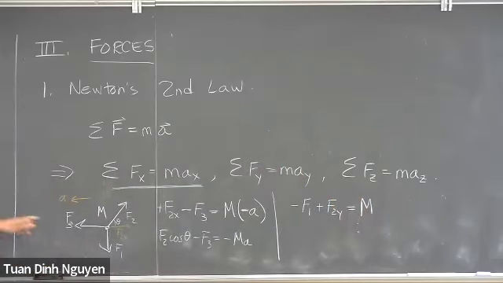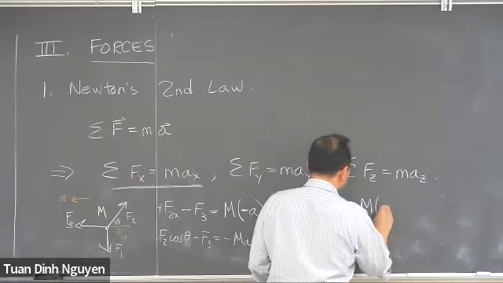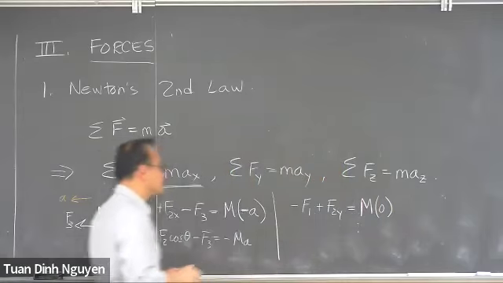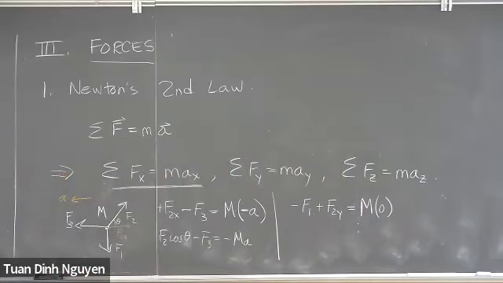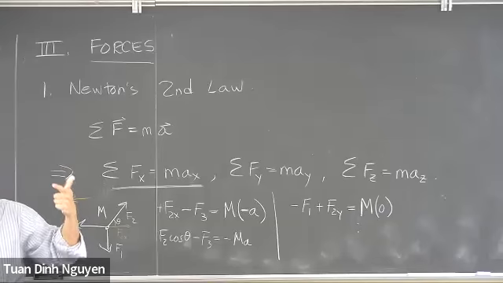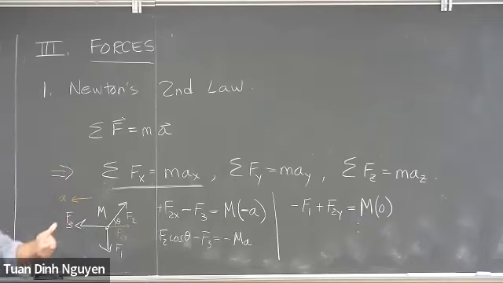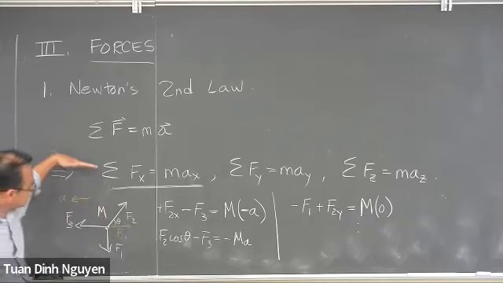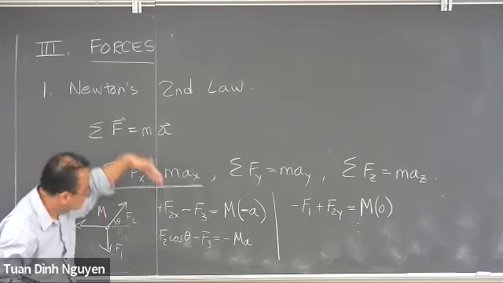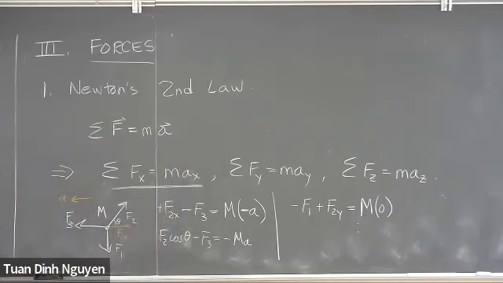You put whatever the mass is supposed to be, M1, M total, whatever, times the acceleration, which is 0, as it's not moving. So this is what it means to draw a free body diagram and apply Newton's second law. Free body diagram, here's Newton's second law, this is applying it.